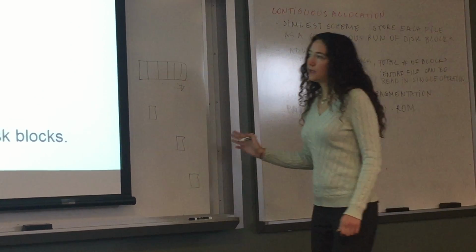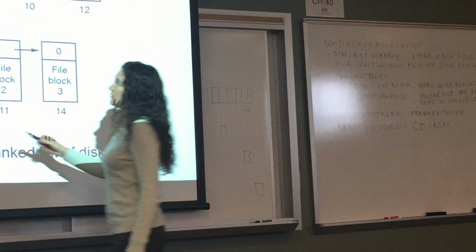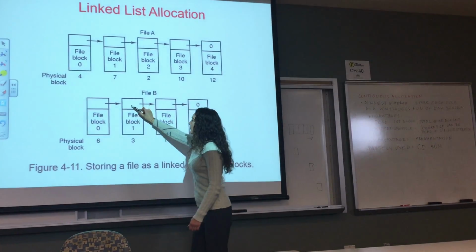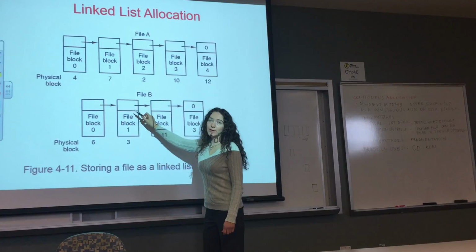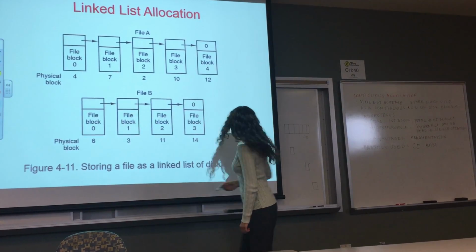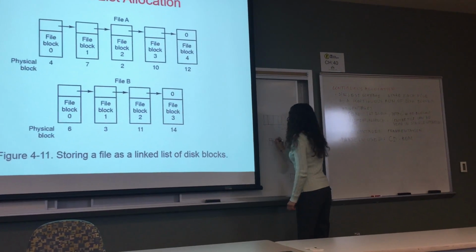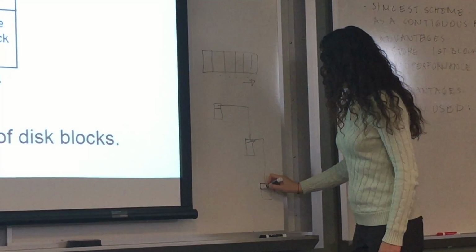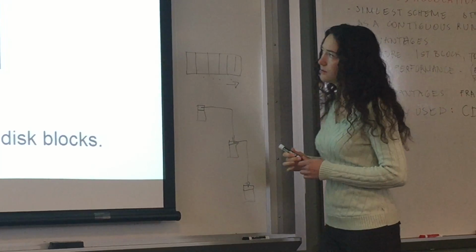And within each block, we would reserve a small space for a pointer to show us where the address of the next block that follows. So each block will have a pointer to the next block of that file.